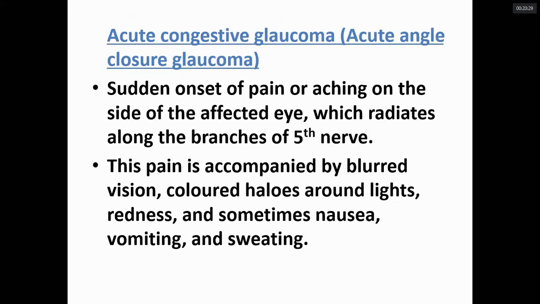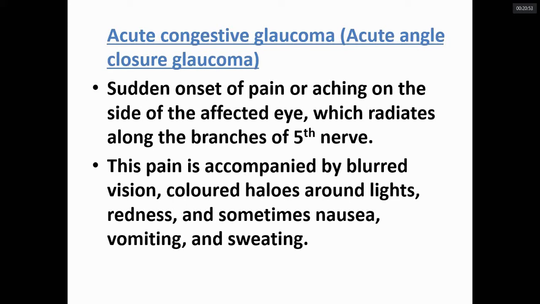Now coming to acute congestive glaucoma or acute angle closure glaucoma. There is sudden onset of pain or aching on the side of the affected eye, which radiates along the branch of the fifth nerve. This pain is accompanied by blurred vision, color halos around the light, redness, and sometimes nausea, vomiting, and sweating.